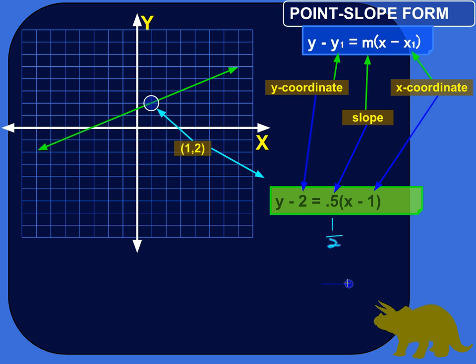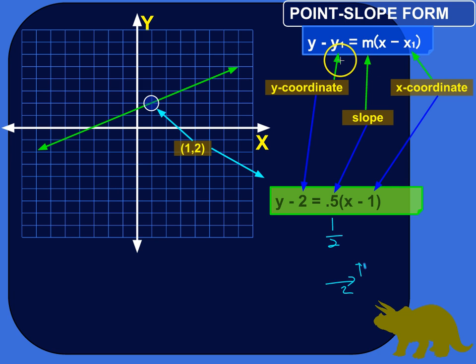So if you go over 2, then you would go up 1. Over 2, up 1, over 2, up 1, over 2, up 1, and so on to infinity.